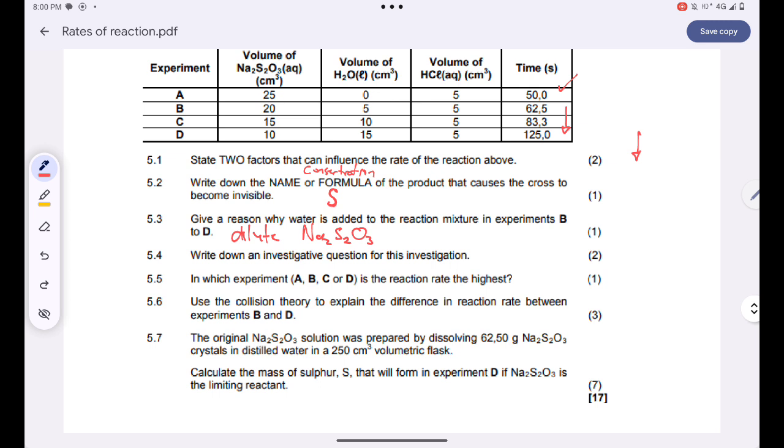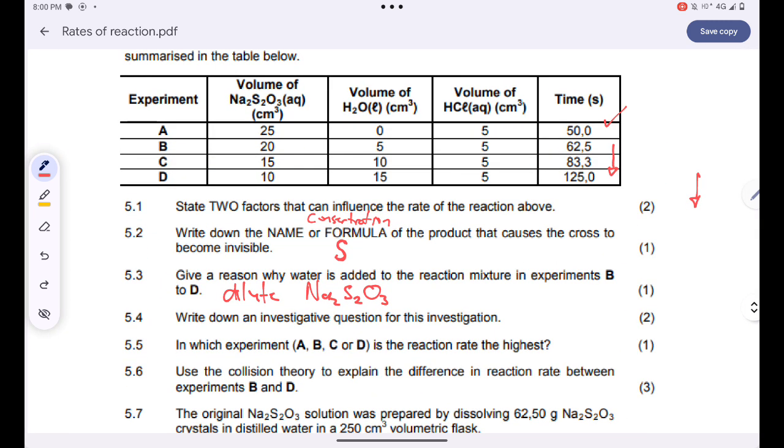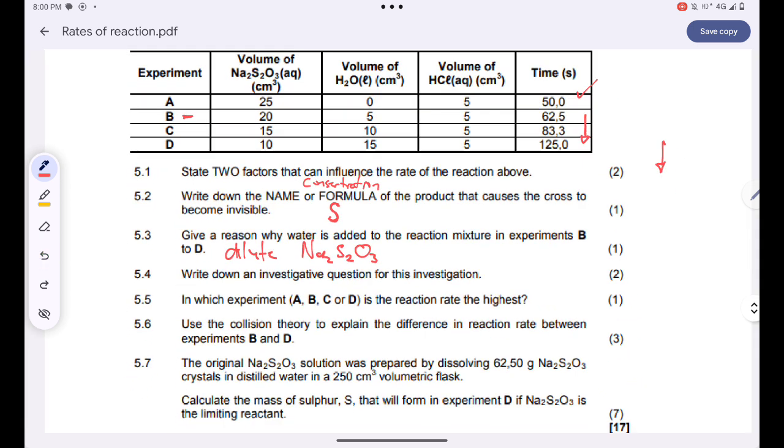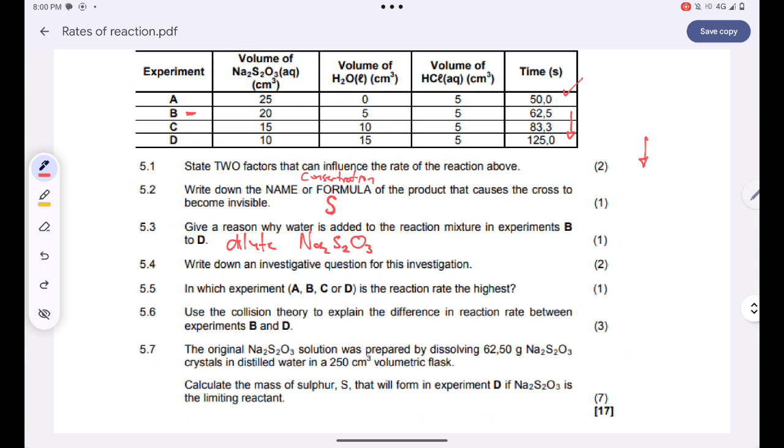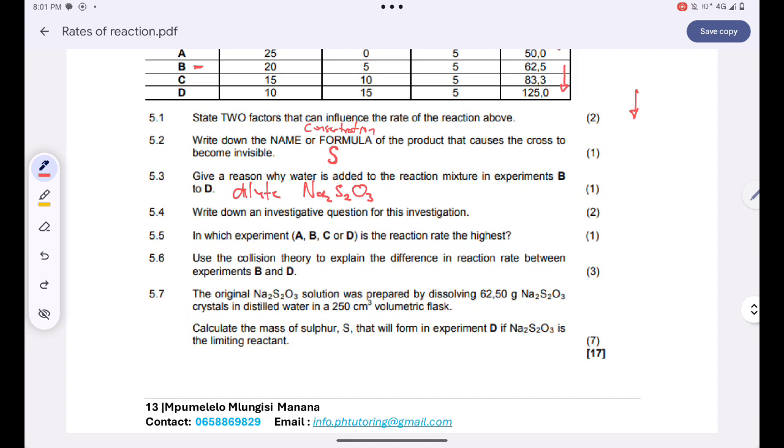Between B and D, we can all see that, guys, for experiment B, the dilution of the solution was a bit smaller, but at D, the dilution of our solution was a bit higher because they've used more water. Are you together? So if I compare experiments B and D, I'll simply say experiment B will have a higher concentration.